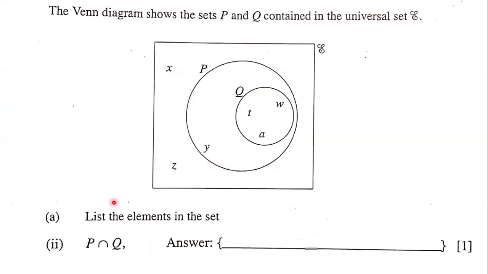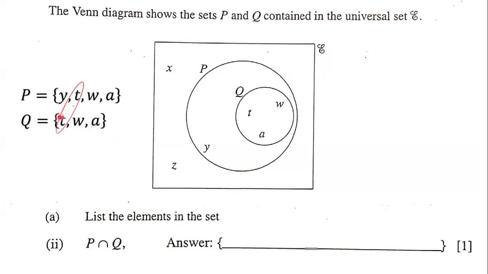Next, the question states, list the elements in the set P intersect Q. When we're looking at P intersect Q, we're looking at all of the elements inside P and Q that are common, that are alike. So let's list the elements in set P: Y, T, W, and A. The elements in set Q are T, W, A. Now we circle all of the elements that are in common in both sets.